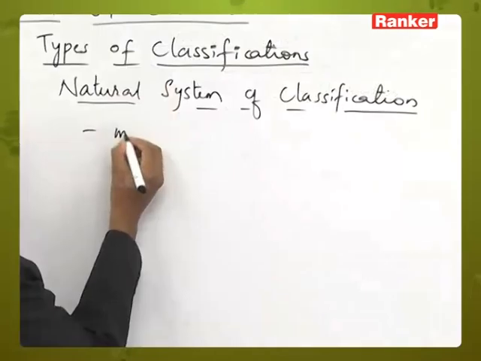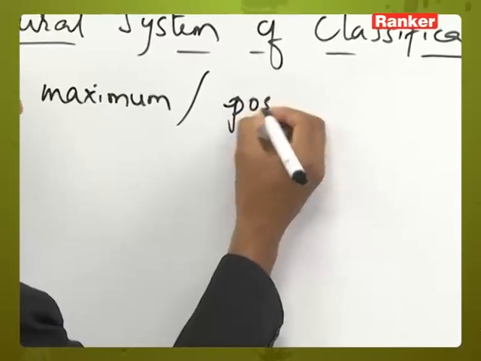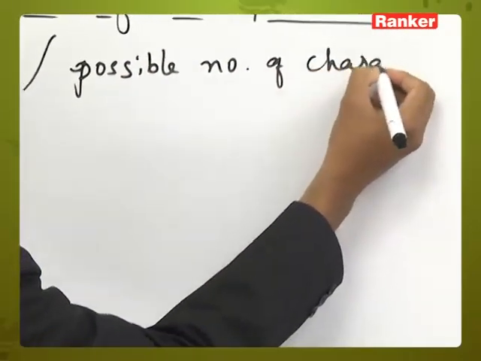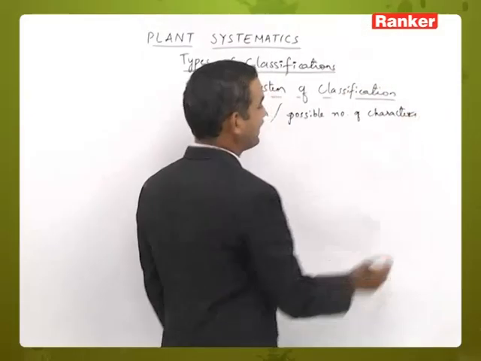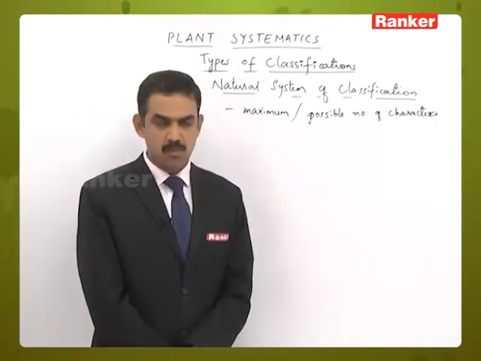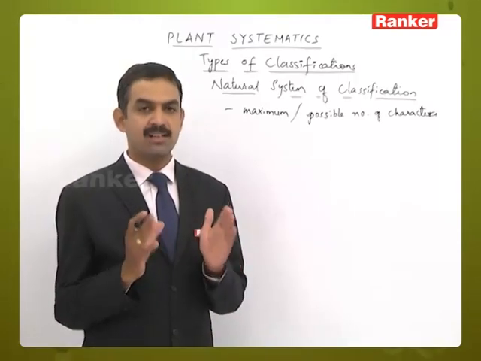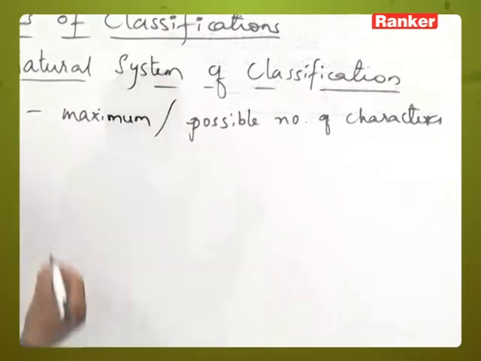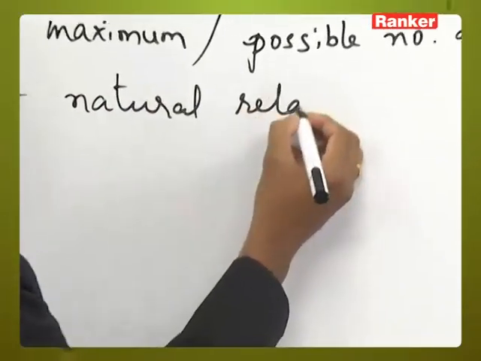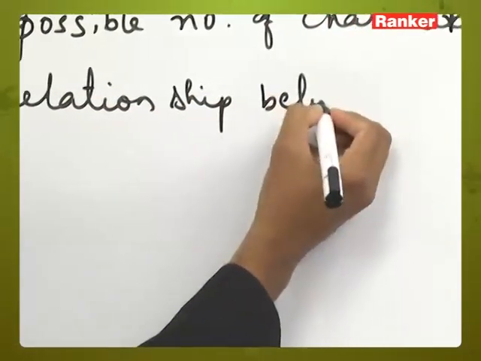But here, the maximum possible number of characters, particularly vegetative characters, are considered for classification of the plants. Also, in the artificial system, the scientists haven't considered the natural relationships existing between the plants, but here they considered the natural relationships existing between the plant groups.